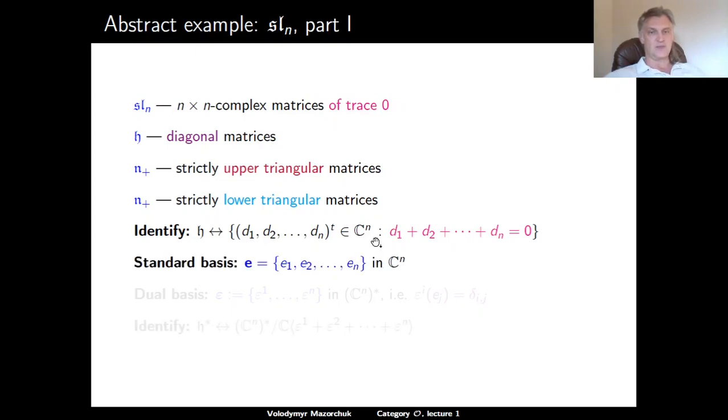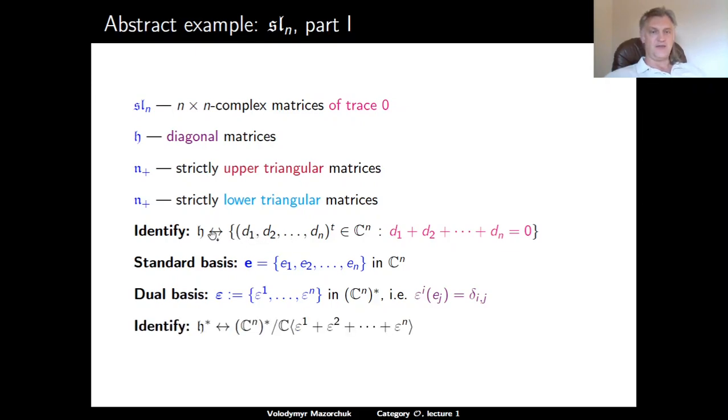So we have the standard basis of Cn consisting of E1, E2, and so on, En. And this gives us the dual basis epsilon of Cn star, which consists of the functionals epsilon 1 and so on, epsilon n, defined such that the evaluation of epsilon i at the basis element Ej is equal to delta ij.